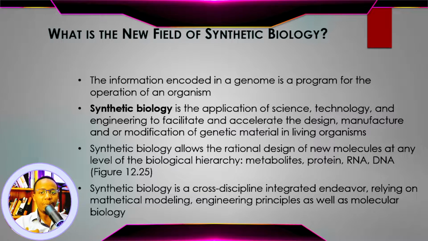People have come up with some DNA and RNA. You know that, for example, that's how we got the vaccine. The vaccine is an RNA vaccine. That's synthetic biology. So people have made some really cool stuff using the knowledge about RNA and DNA and the technology that we just talked about.